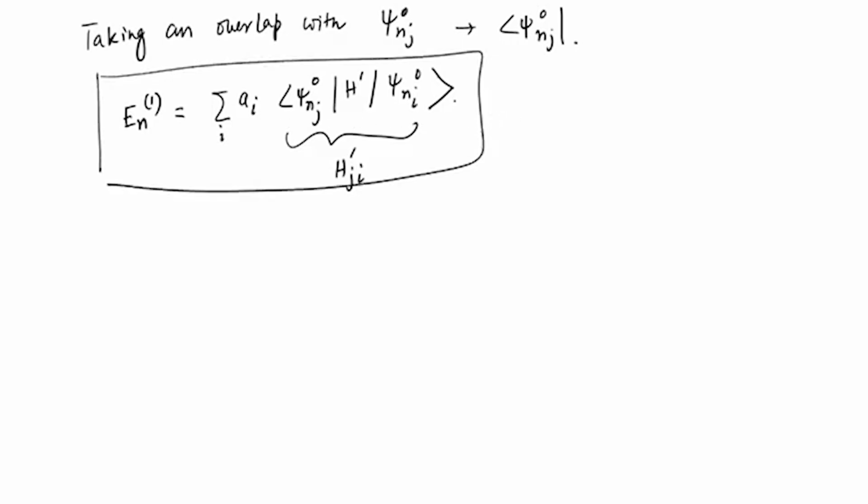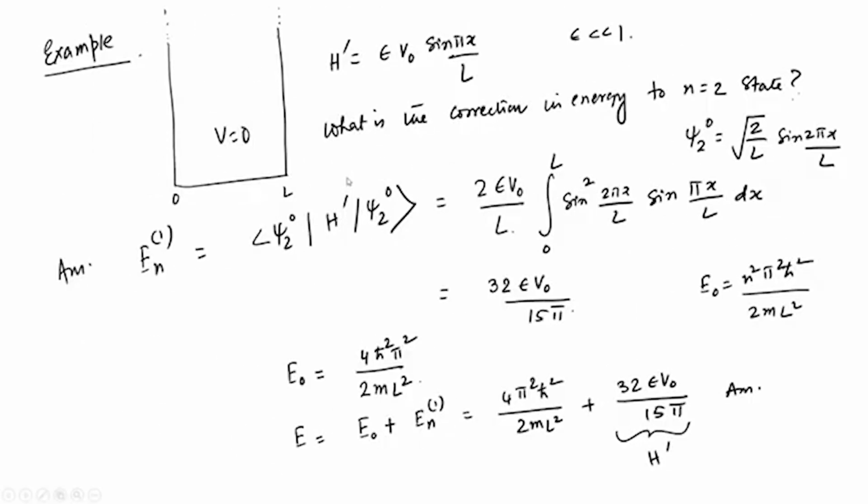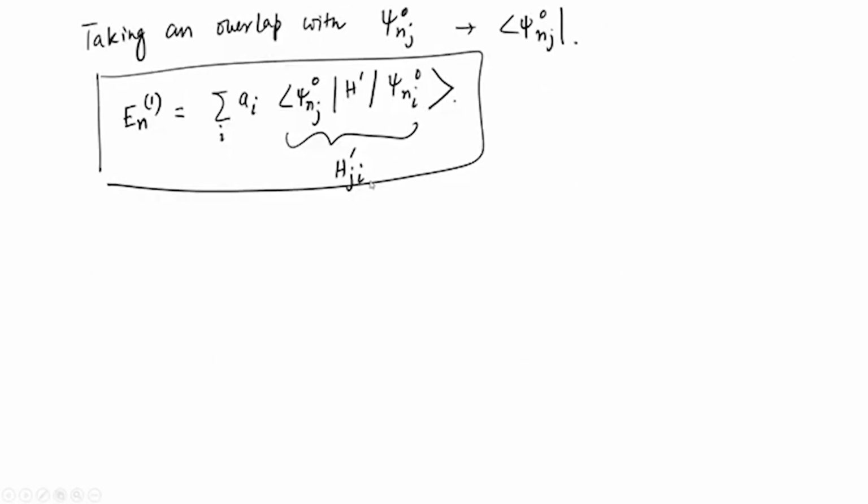Now, instead of just a number, this was exactly like what we have done in the example. Because of the degenerate case, we have a sum over i, and there is also an associated amplitude that needs to be determined.